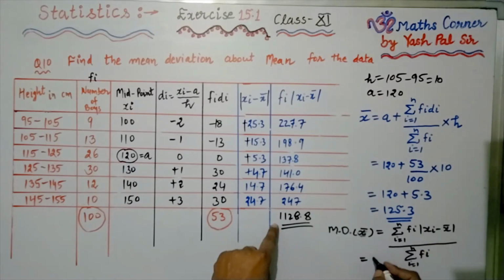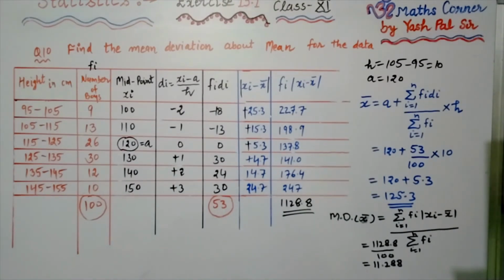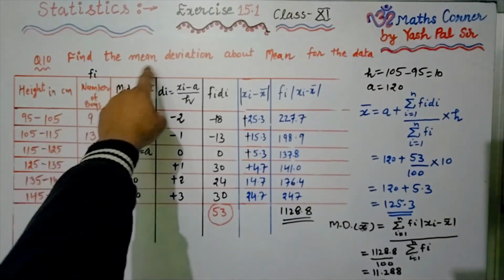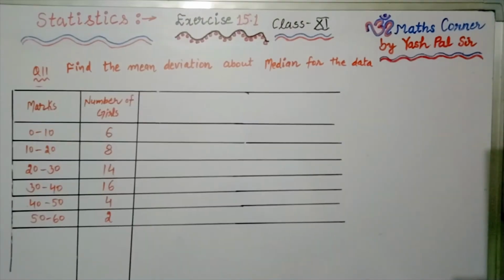So we have this value: 1128.8 divided by the summation of fi, which is 100. Now the calculation: this is equal to 11.288. 11.288 is the final answer to this question, mean deviation about mean.